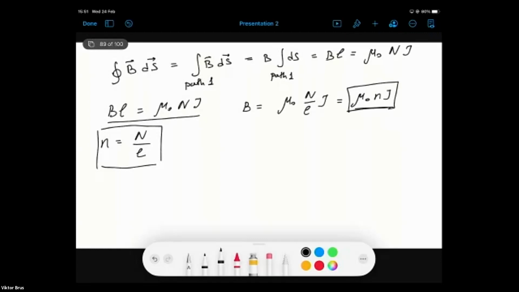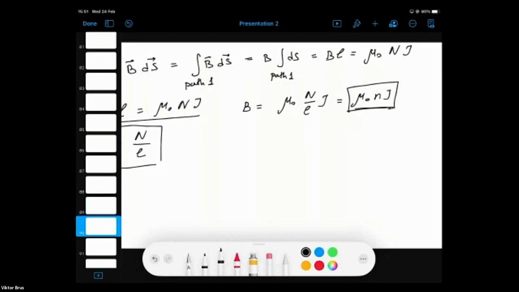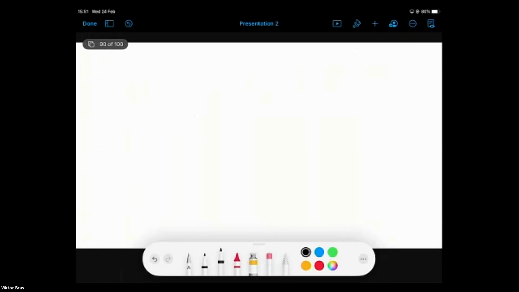So before we finish for today, we still have some time. It would be good to introduce another important concept, which is Gauss law in magnetism.